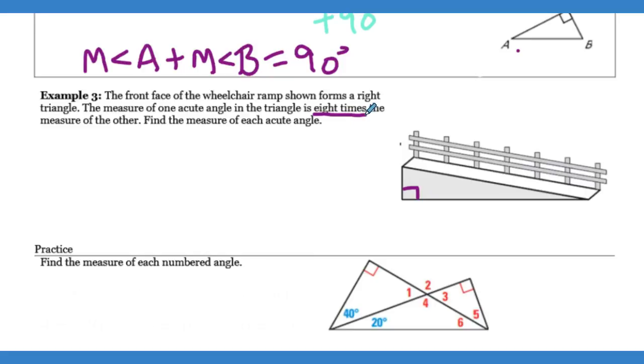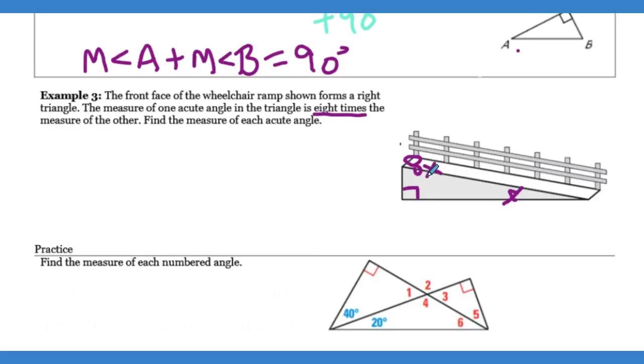So I've got two angles, and one of them is x. We'll make it that one. And the other one is 8 times that. So 8x. And we want to find the measure of each one of those angles.